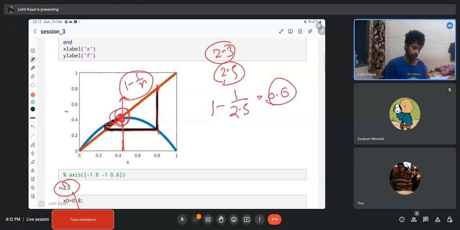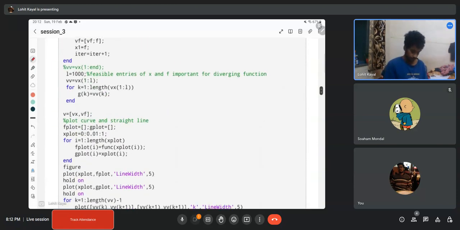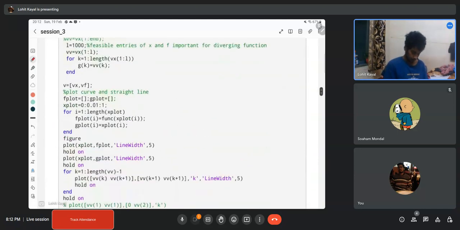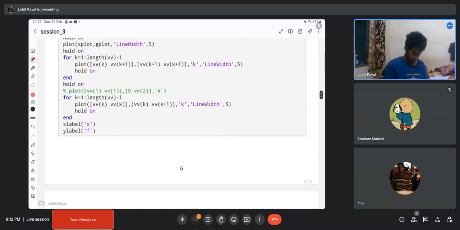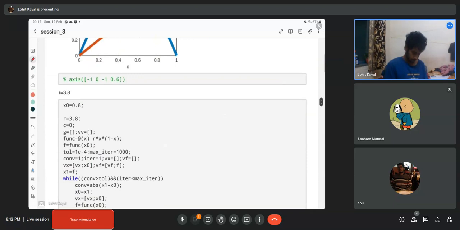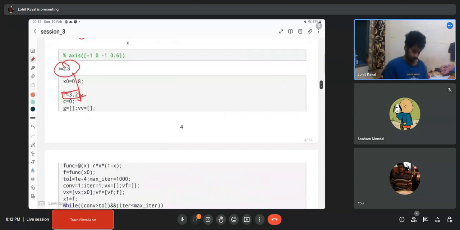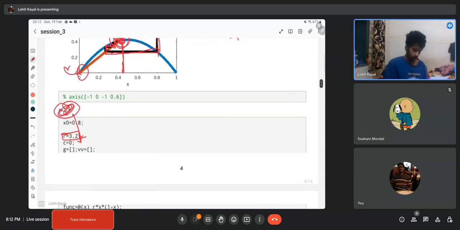Wherever you start, the solution will always go to this point, not to that point. So this is not for r equal to 2.3, it is actually r equal to 3.2.